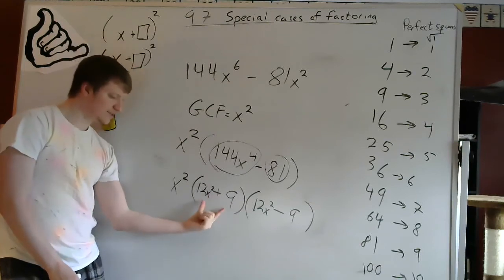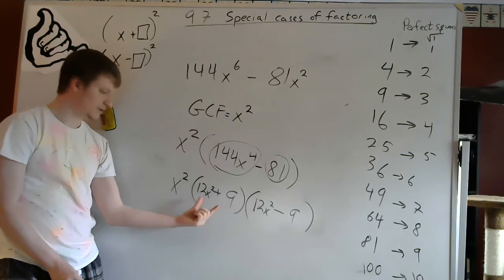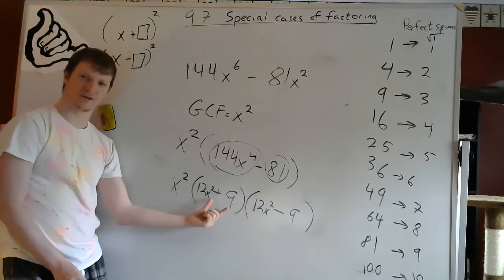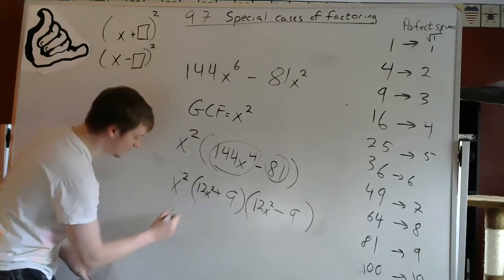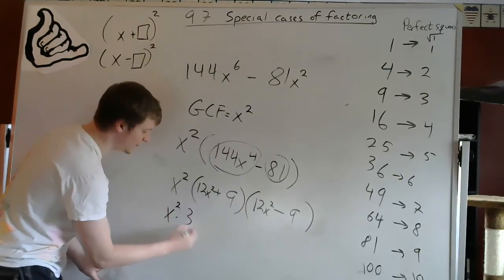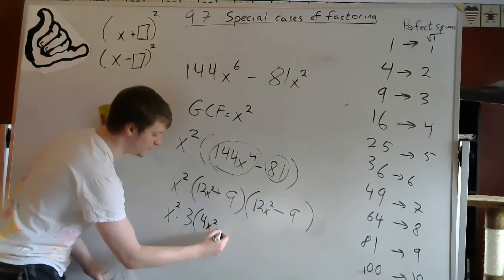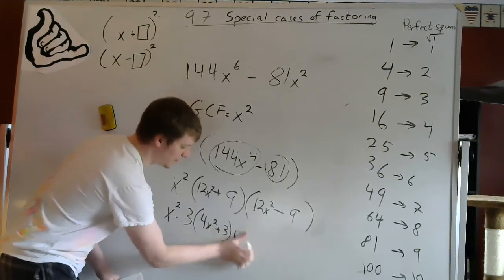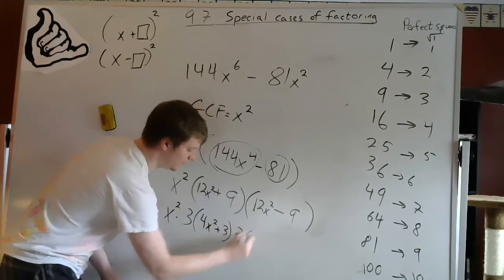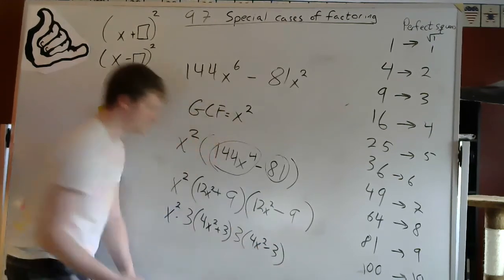Don't I have a GCF in each one of these terms too? I think I do. 12 and 9, don't I have a 3? And I also have a 3 over here. So I could have my x squared times 3 from this one, which leaves 4x squared plus 3. And I could have my 3 from this one as well, which leaves 4x squared minus 3.